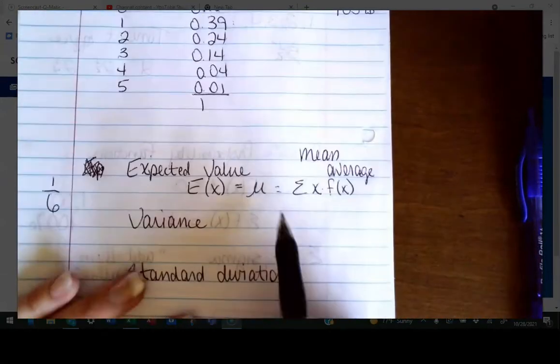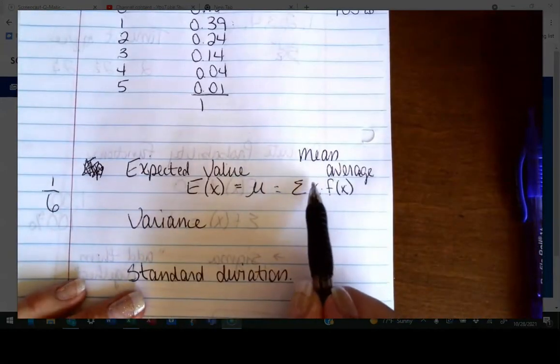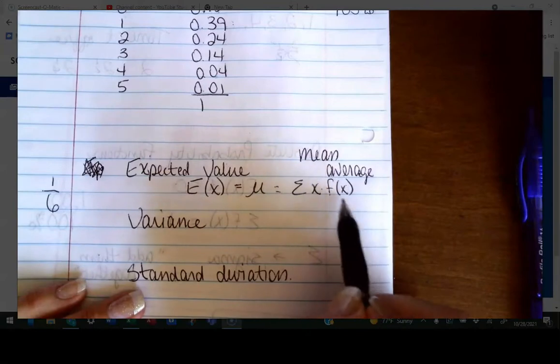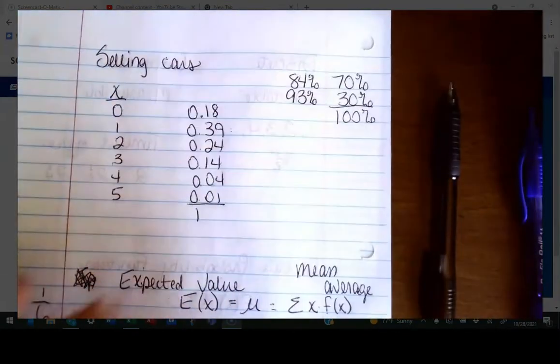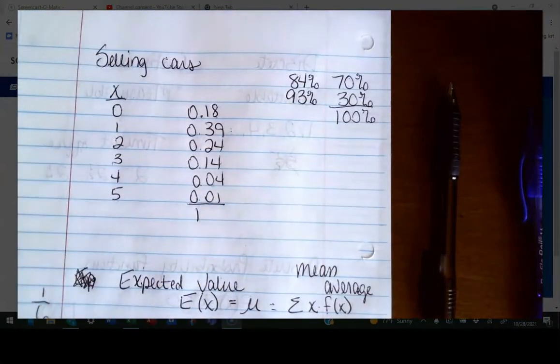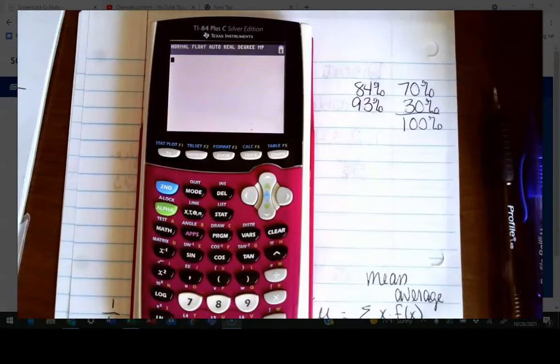What I do is I take the value for x, multiply it by the function, and then add them all up together. Let me find my calculator. Got my calculator.